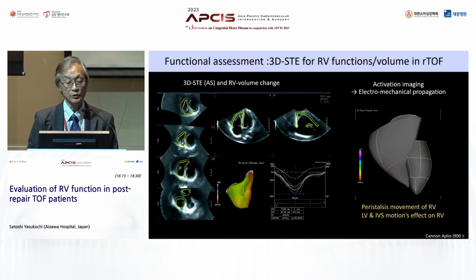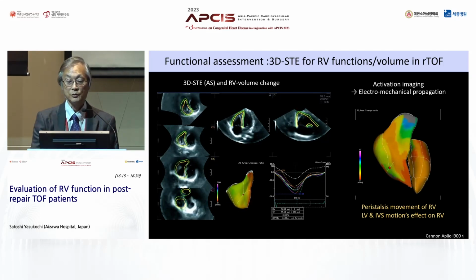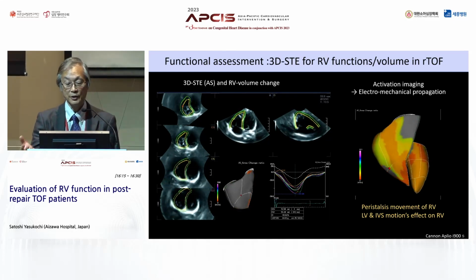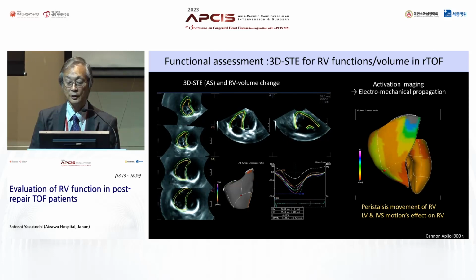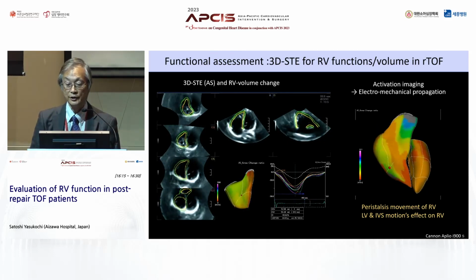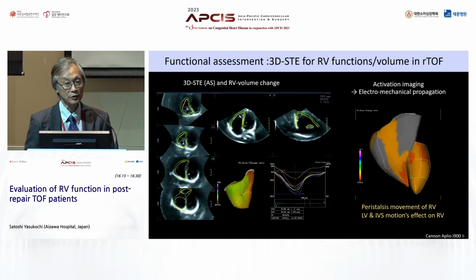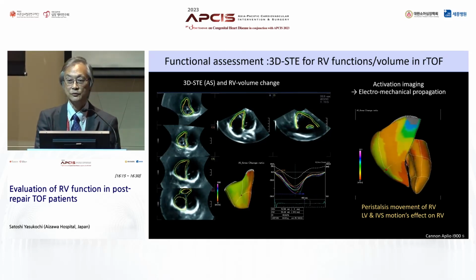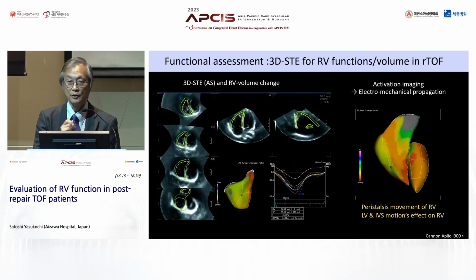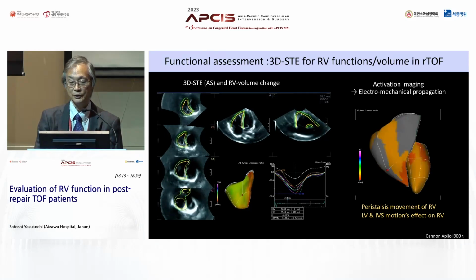Using 3D echo, we can measure the volumes as well as wall motion kinetics. The right side panel shows activation imaging, which shows electromechanical propagation. You can see the contraction starting from the apex, almost the anterior papillary muscle area, and propagating toward the RV outflow region.